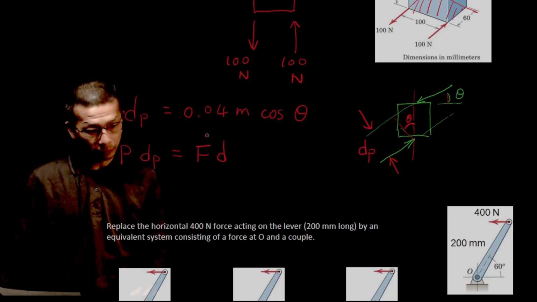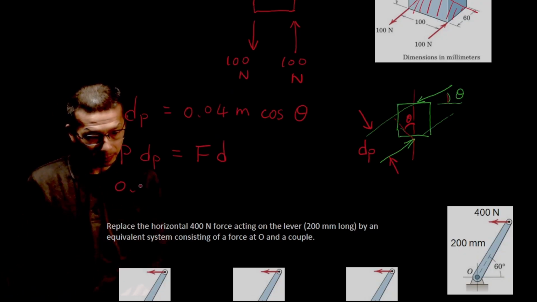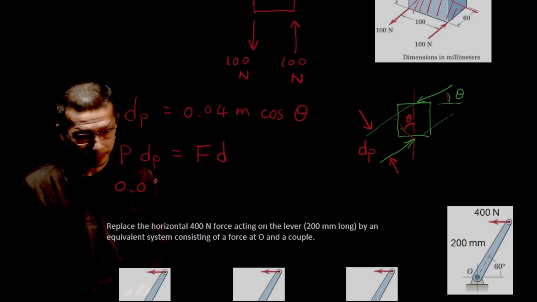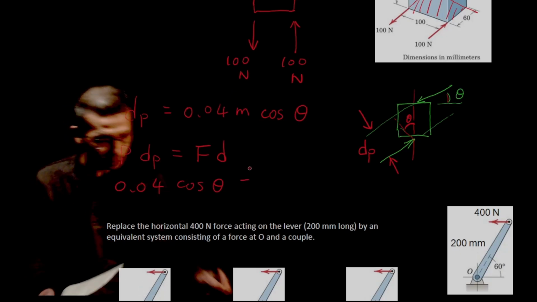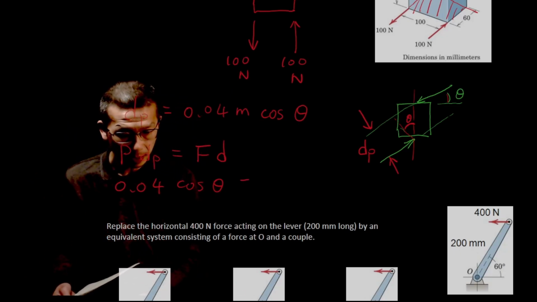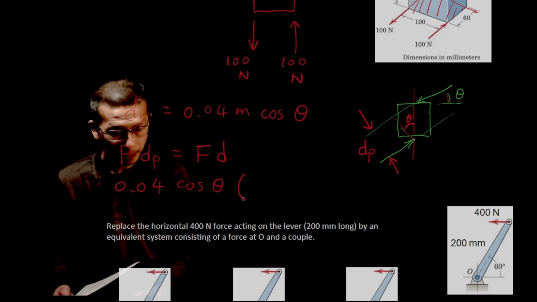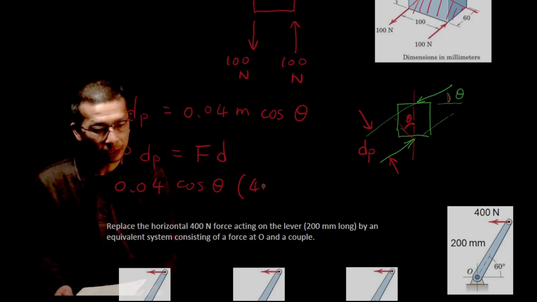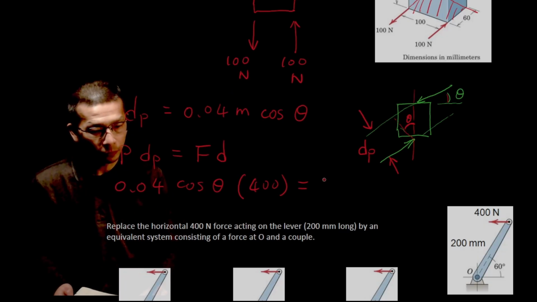And we should write 0.04 cosine theta, and then we forgot to times P, which P is 400, equals to F is 100, D, FD, which use 100.